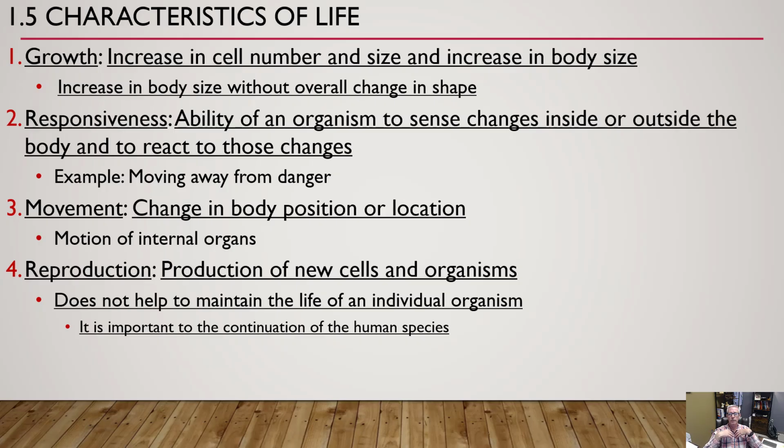It's only required to continue the human species. So just remember, if you see this on a test or on a quiz, that reproduction is the only one that is not required for me to continue living.